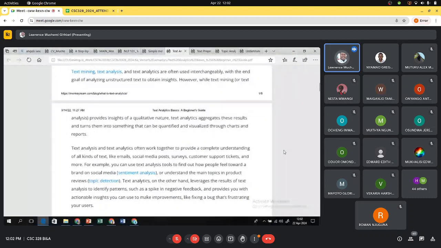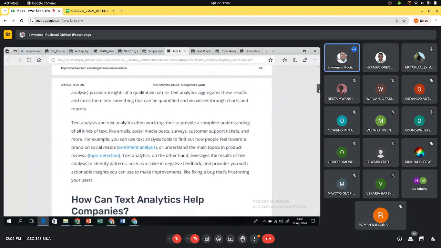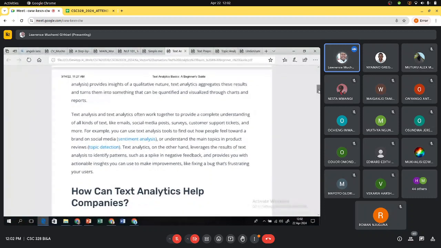For example, you can use text analysis tools to find out how people feel towards a brand or on social media. How do people feel about it? A feeling. And this is sentiment analysis.